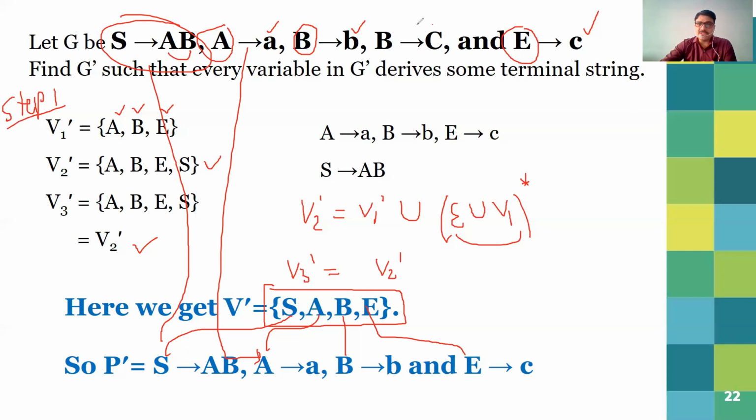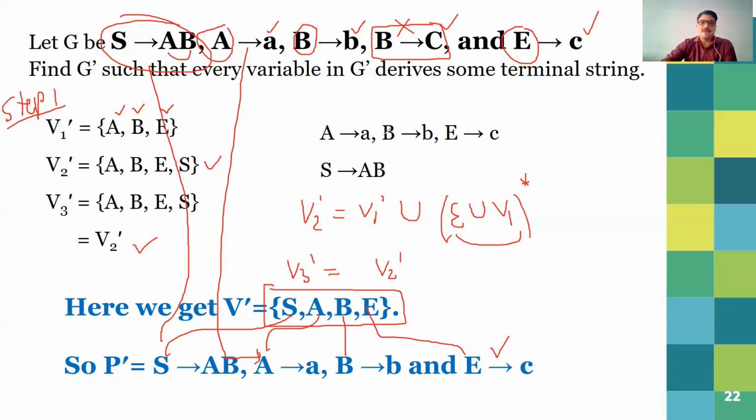And B to C: in this case, C is not part of the set of variables, so we cannot include this production. We will discard this particular production rule. And E to c is already there because E is in the set and c is the terminal.